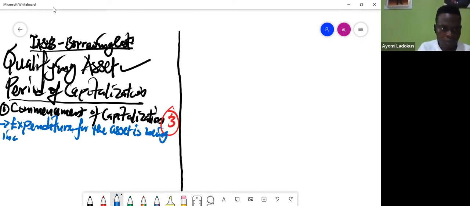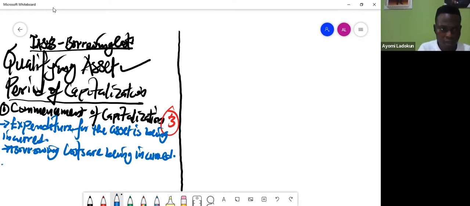Then number 2, borrowing costs. Borrowing costs are being incurred.